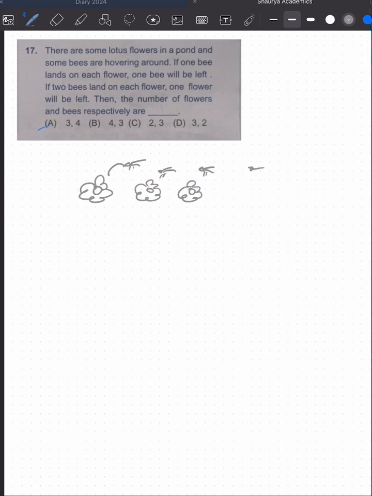There's one more bee lying somewhere here. Is the first condition getting satisfied? That if one bee lands on each flower, one bee will be left. Yes. If two bees land on each flower, so let's say this moved to this, moved to this, moved to this. So one flower will be left. Okay, so both are getting satisfied. So A is your answer.